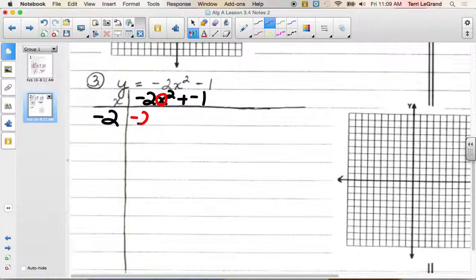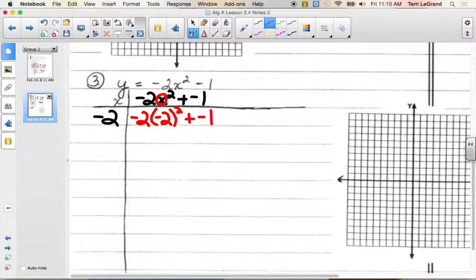So -2 is part of the function rule. -2 has to go in for x, and then we have plus that -1. So here's what we're going to do. We're going to drop down now so we can see what we actually did. What do we do first here? Do we actually multiply first, or do we do the power first?